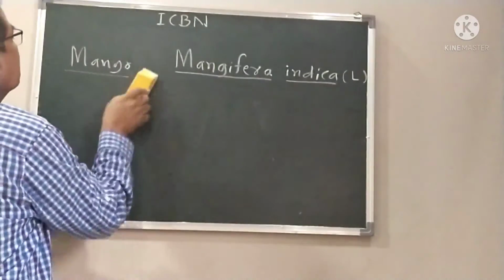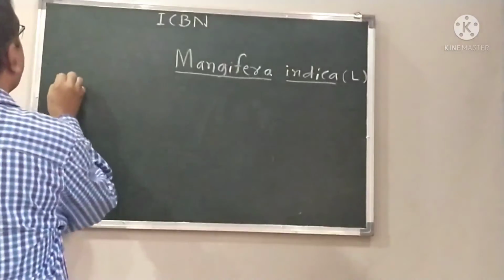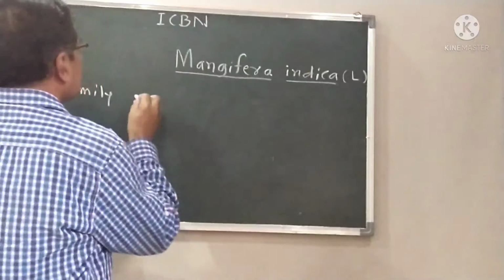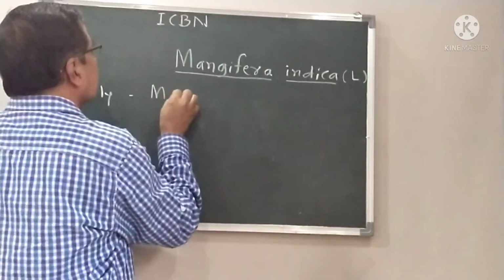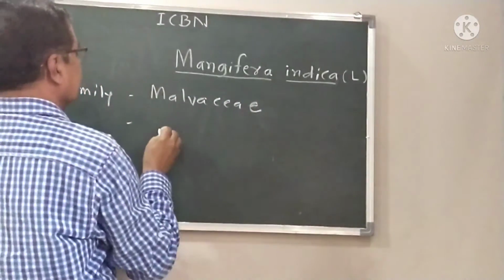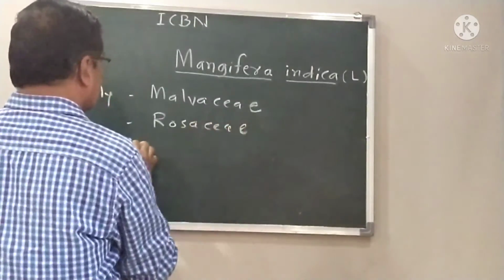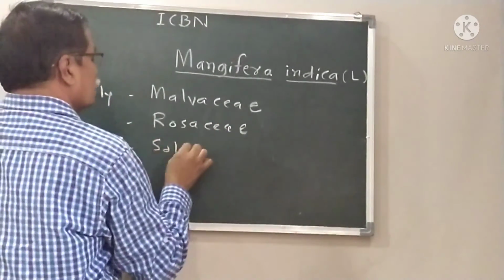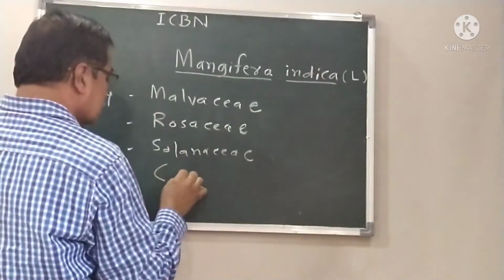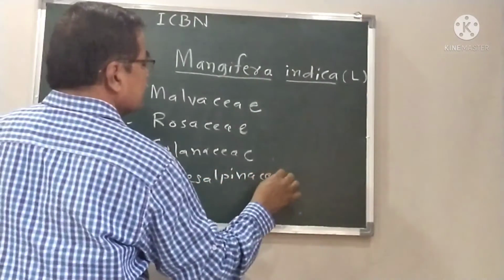Another, for the plants, the family name is given. The suffix, that is Malvaceae, Rosaceae, Solanaceae, Caesalpiniaceae.